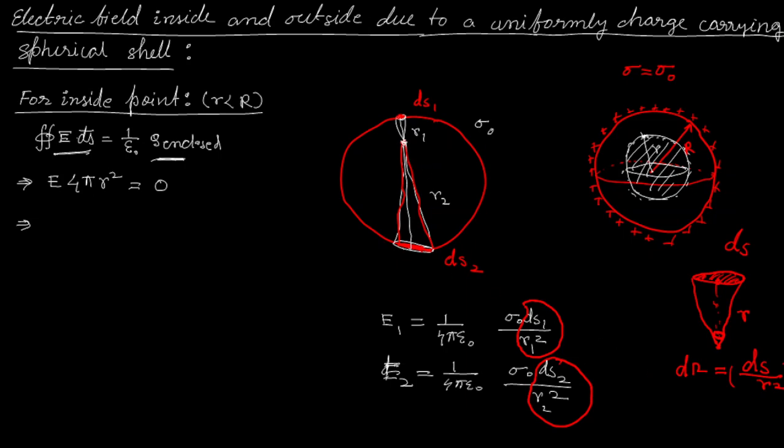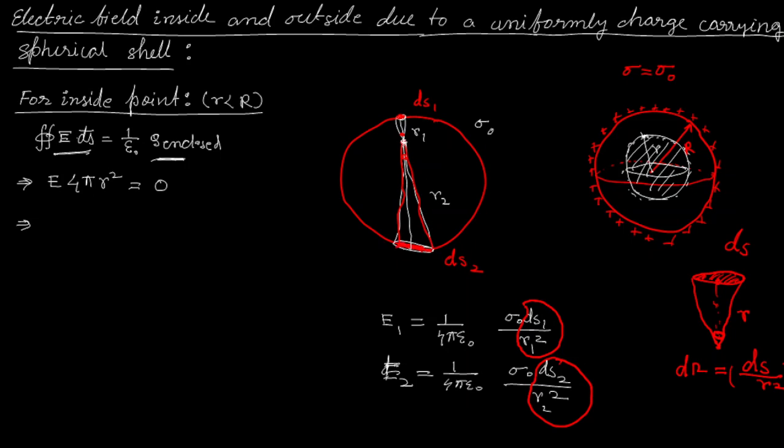So in this case, from this figure, we can say that this ds1 area will create some solid angle here, and the same amount of solid angle will also be created by this ds2 area.